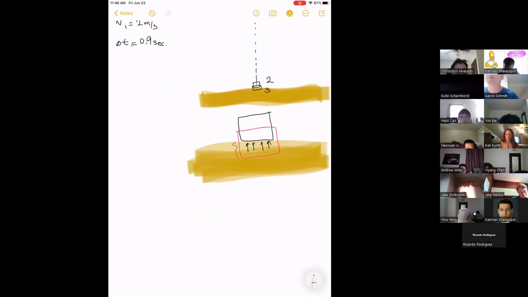The problem says neglect this delta S, very small, okay? So this is position 2, this is 3, and then it stops. And we want the amount of force acting between the sand and the block. Instead of those tiny forces, I'm just going to put one single force, right? F average. Is this F average constant?